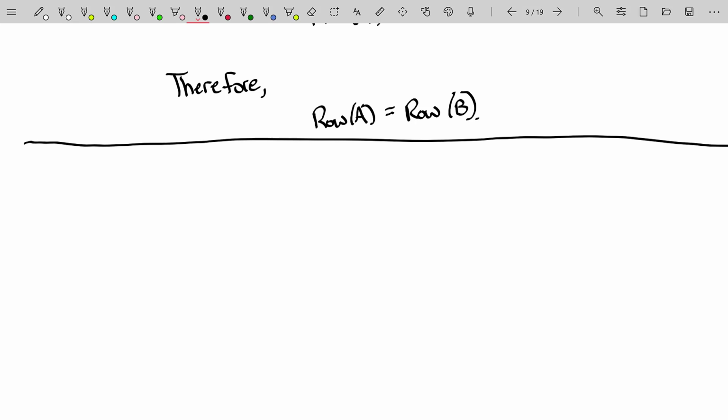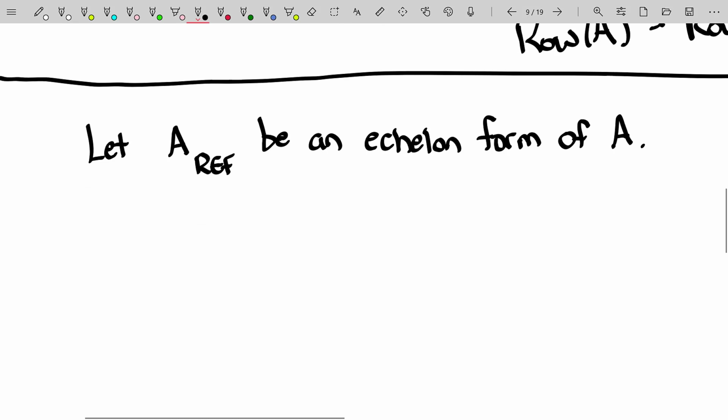It depends on what textbook you're using. We're going to let A sub ref be an echelon form of A. That's a very common notation, just means you were given the matrix A, and A sub ref is an echelon form of A. Remember, there are an infinite number of echelon forms of A, so A ref is not a unique matrix.